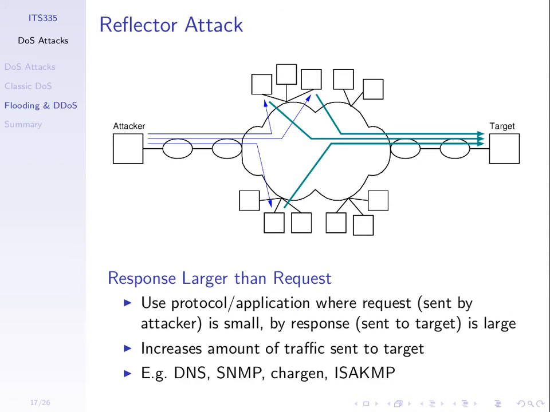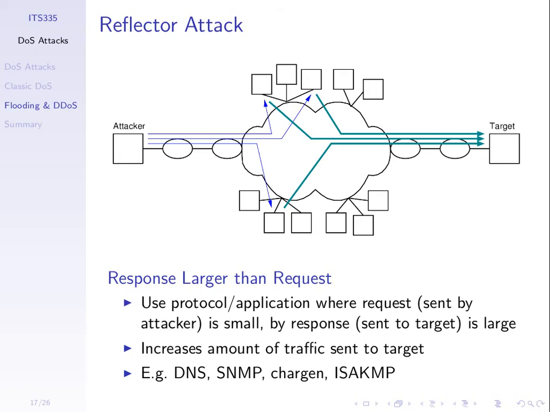And some real attacks in the internet, denial of service attacks, try and take advantage of the fact that some protocols, the response will be larger than the request. That's what I'm trying to show in this diagram. And it's not necessarily with ping. It doesn't work well with ping, because in ping, the request and the reply are about the same size.